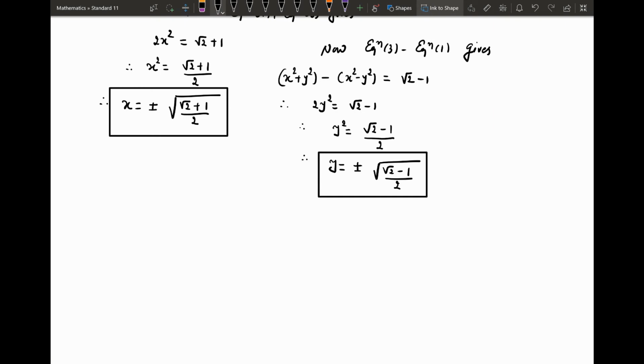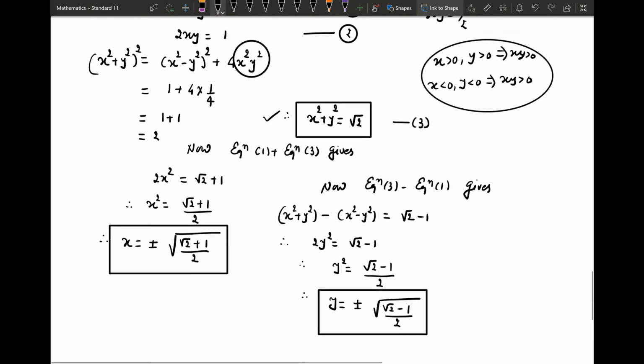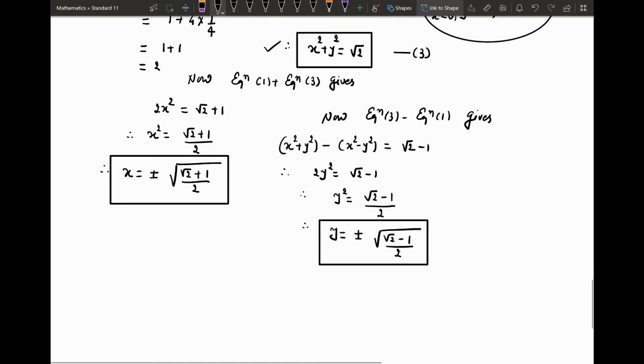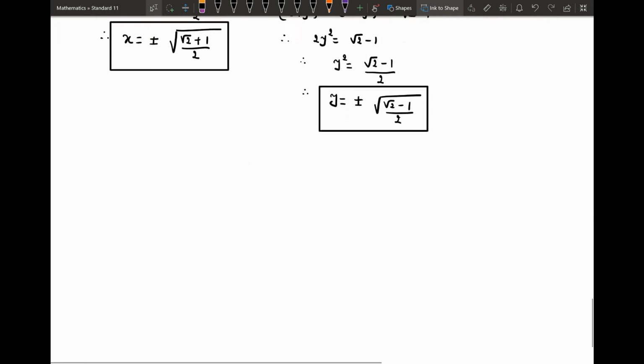Now since the product xy is positive, x and y both must be positive, or if both are negative, then negative negative is positive.